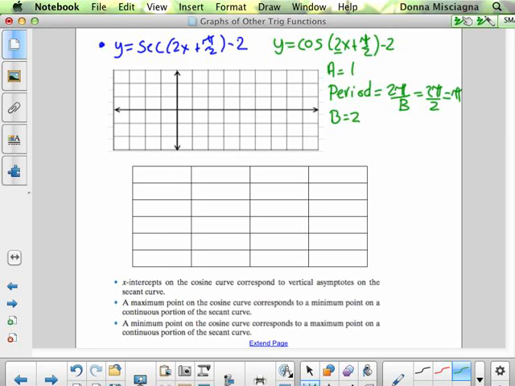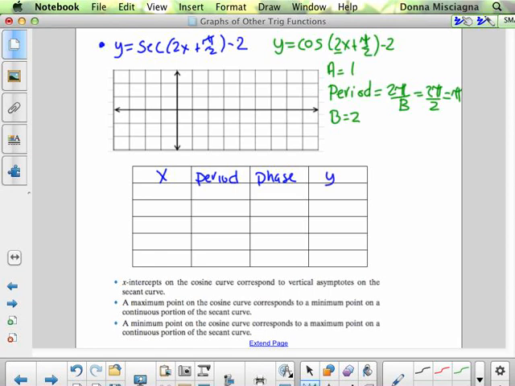So we start off with our key x and y values. I don't think I have enough columns here. We will have a period change. We will have a phase. Oh, nope, I don't have enough. That's okay, I'll just draw an extra column.